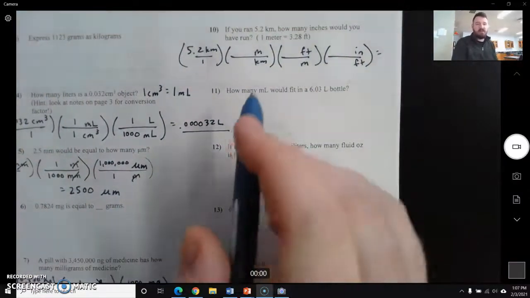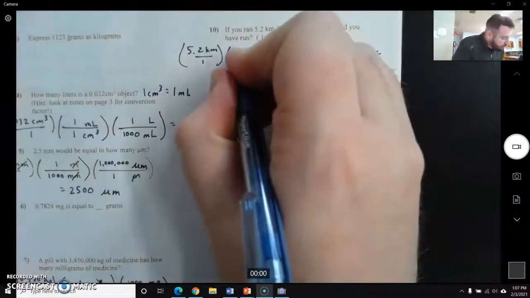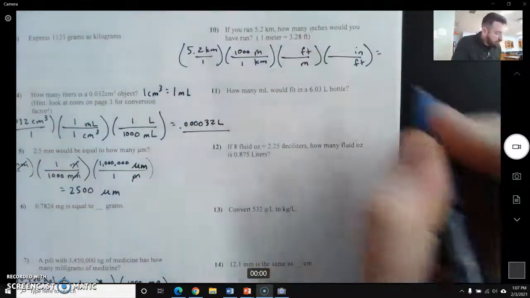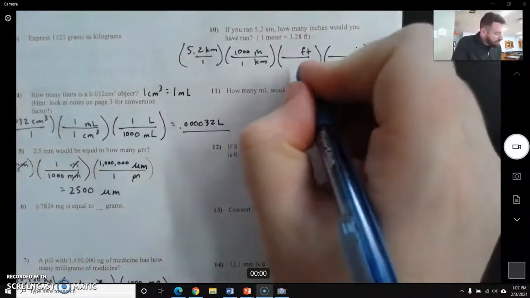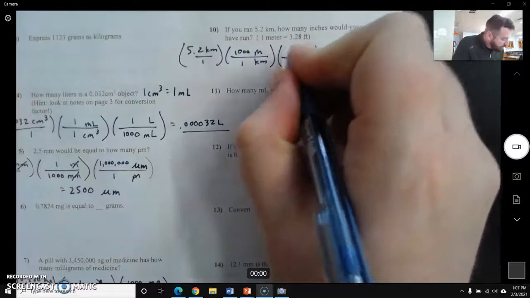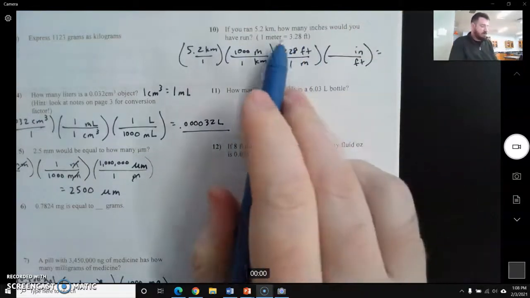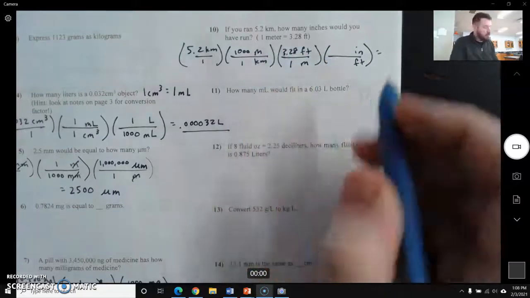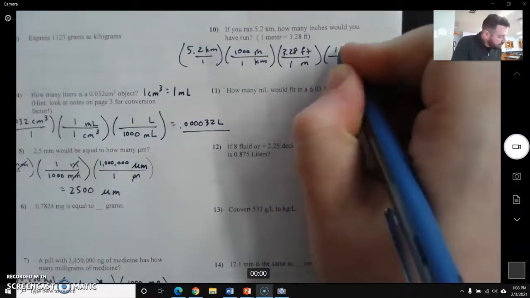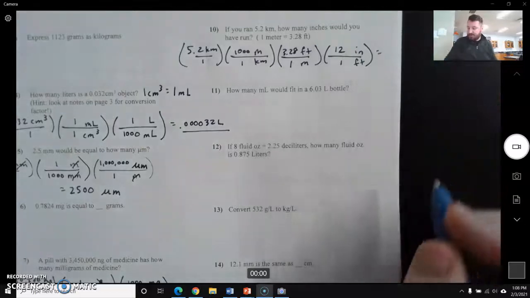All right, so when setting this up, for every 1 kilometer, I have 1,000 meters. For every 1 meter, I have 3.28 feet. Right, I got that from the problem. And then for every 1 foot, I have 12 inches.